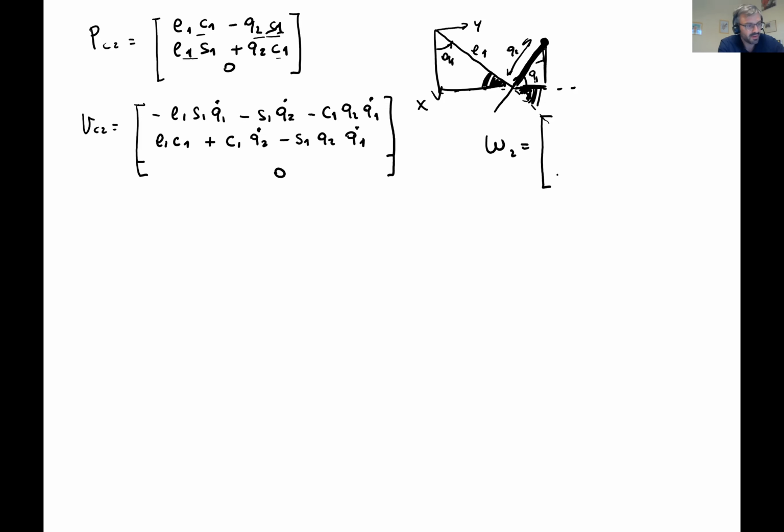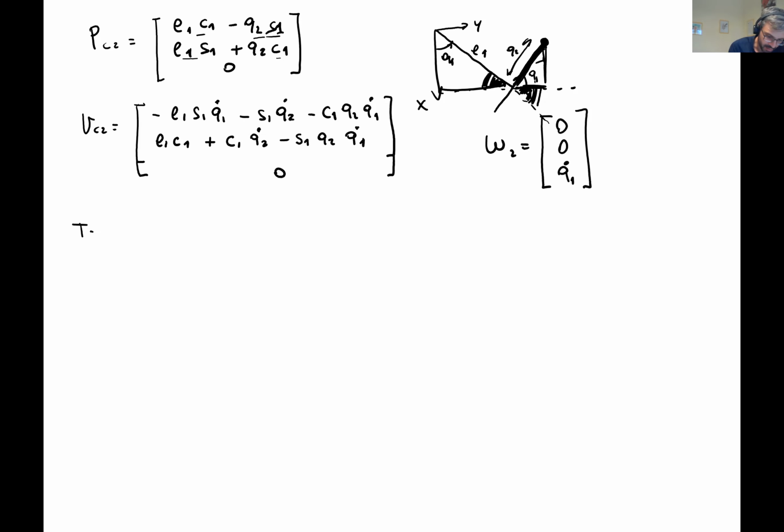Because the second link, even if it is a prismatic joint, is driven by the first one, which is the rotational joint, it will rotate with the same angular velocity. So its frame will change its orientation with the same rate. Therefore, the omega will be the same: a vector pointing up in the direction of the first joint axis with a magnitude of Q1 dot.